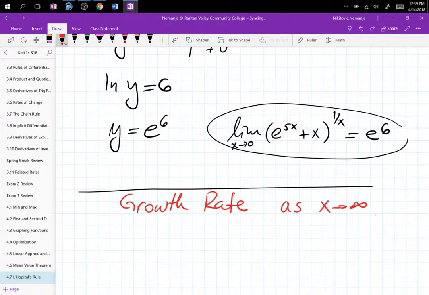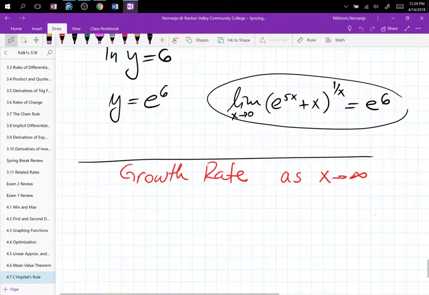Guys, you are going to use this and expand in Calc 2. If you're going to Calc 2, this section is absolutely a must. Half of your Calc 2 is integrals and half of your Calc 2 is limits. And there will be derivative here and there, occasionally. You know, every other month. But limits, and that's Calc 2.